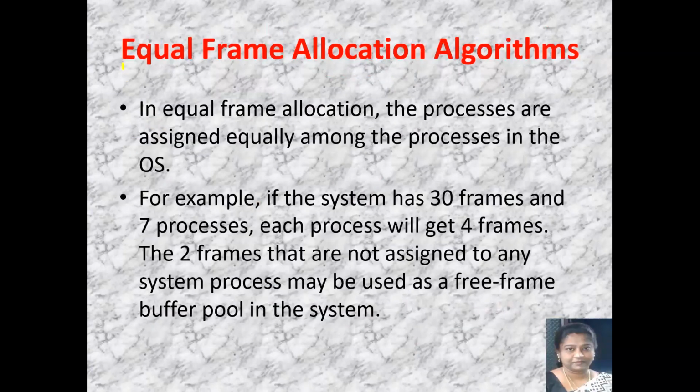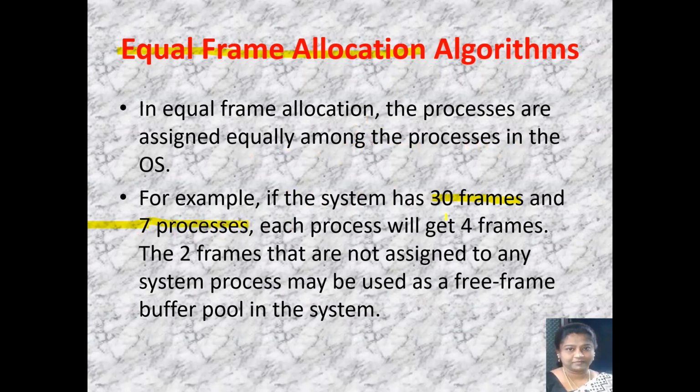Now, coming to the equal frame allocation algorithm, the frames are assigned equally among the processes in the OS. So the frames that are available will be given equally among all the processes. Say, for example, I currently have 30 frames available and 7 processes.